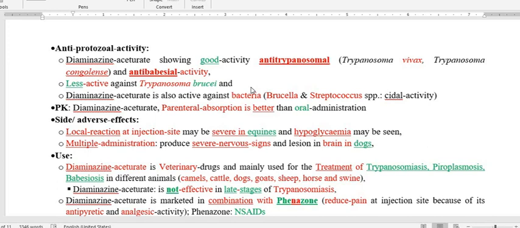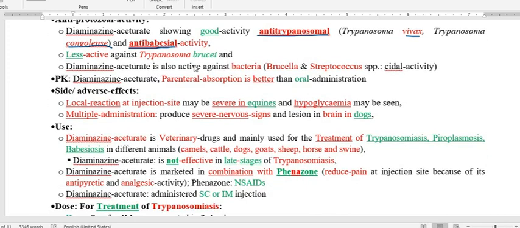Now we go through the anti-protozoal activity of diaminazine aceturate. We already discussed that the drug acts against trypanosoma as well as Babesia, so it is anti-Babesiosis as well as anti-trypanosomiasis.